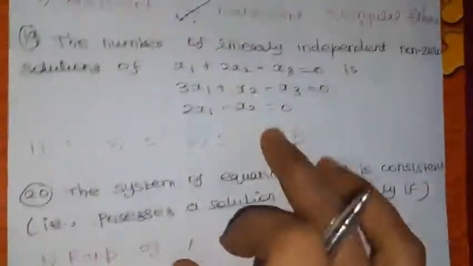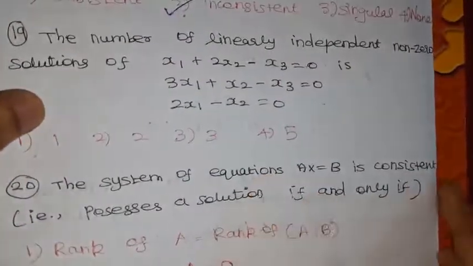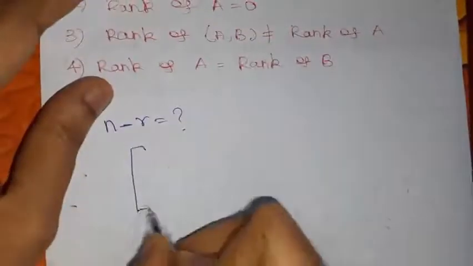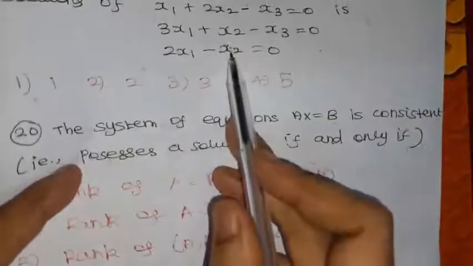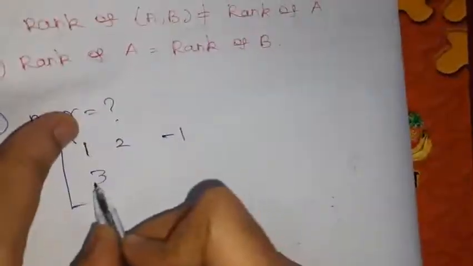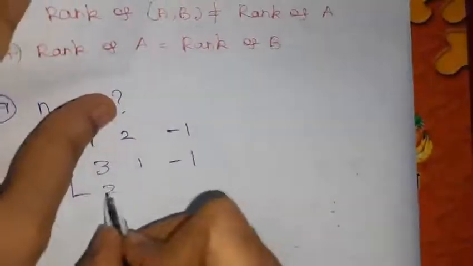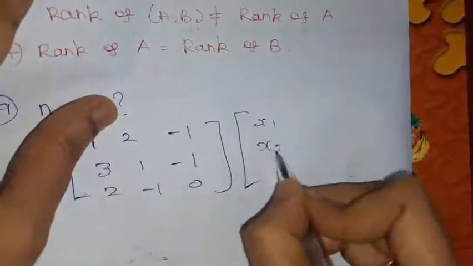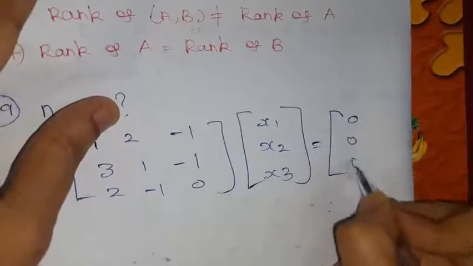So we can write the equation in matrix form, like how I write here: 1 2 minus 1, 3 3 1 minus 1, 3 1 minus 1, 2 minus 1 0, 2 minus 1 0. So this matrix into x1 x2 x3 equals 0 0 0.